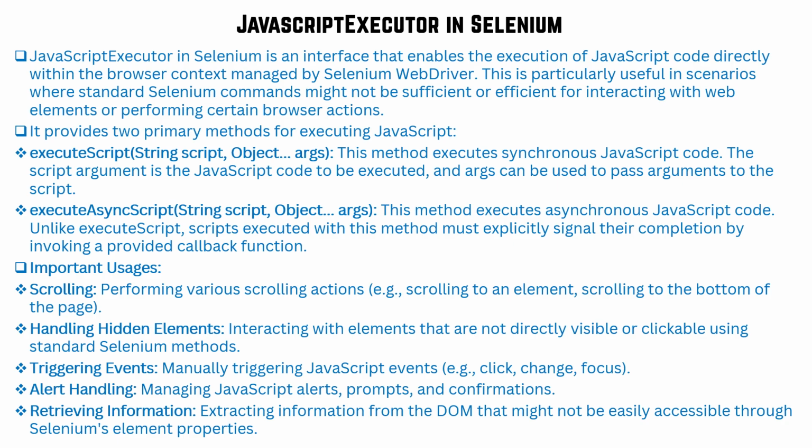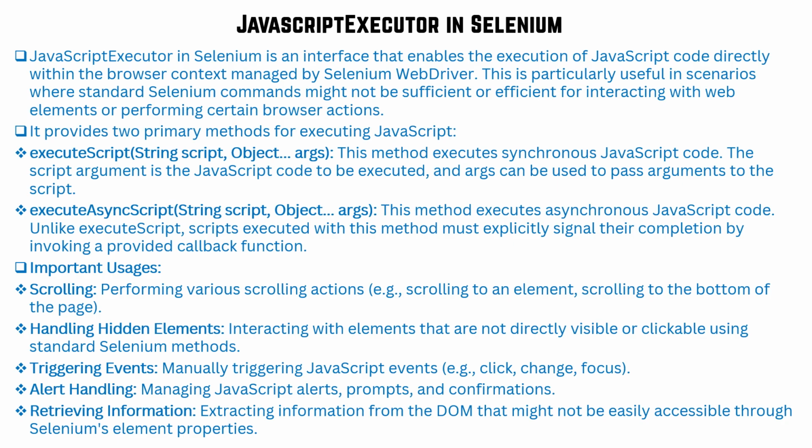Execute script executes synchronous JavaScript code. The script argument is the JavaScript code to be executed, and arguments can be used to pass parameters to the script, whereas the execute asynchronous script method is used for asynchronous JavaScript code. Unlike execute script, scripts executed with this method must explicitly signal their completion by invoking a provided callback function. It is dependent, not independent.